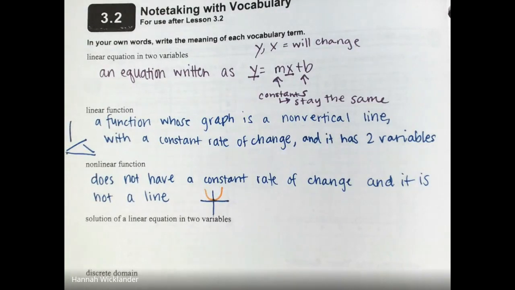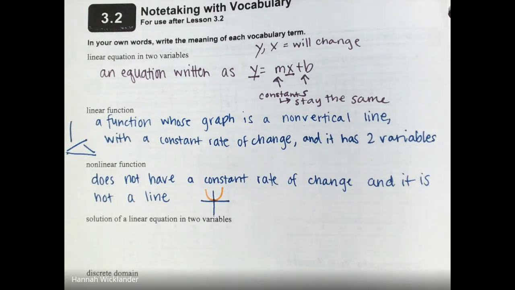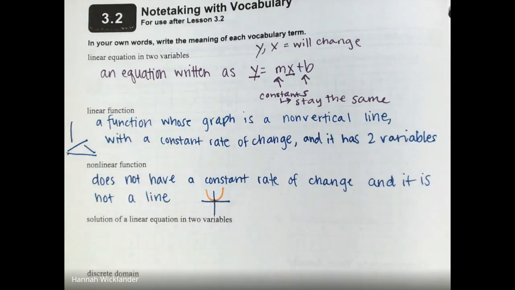So the other words we won't necessarily use. Okay, we'll do this one: solution of a linear equation in two variables. That one just means that it's an ordered pair x comma y that makes the equation true.